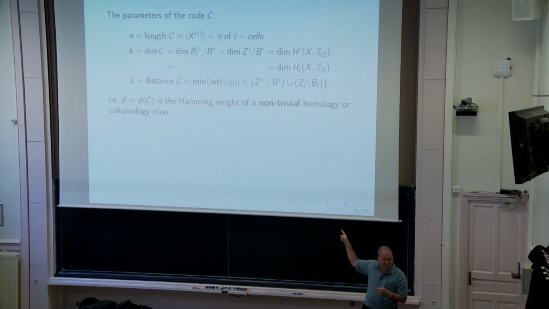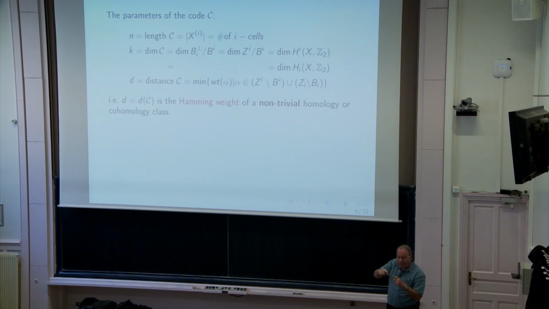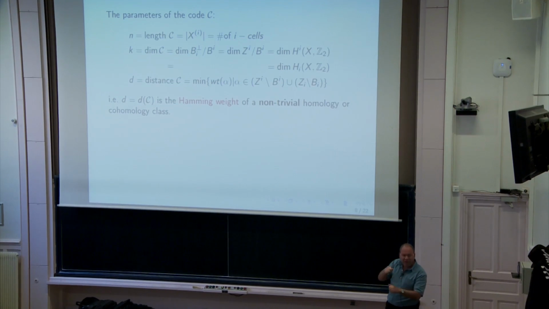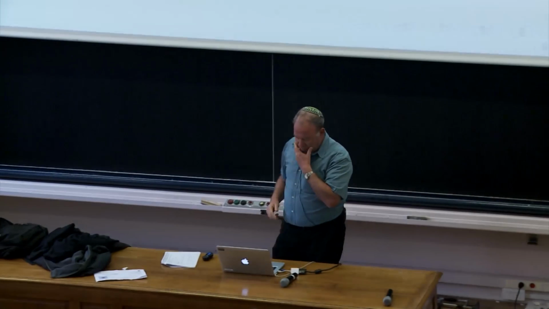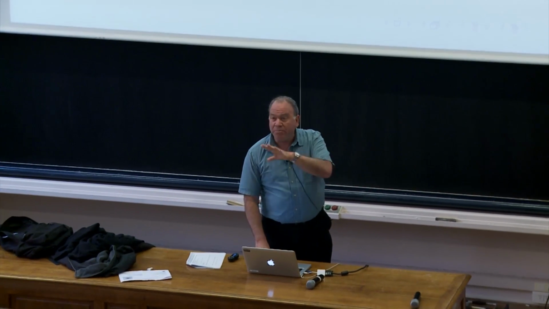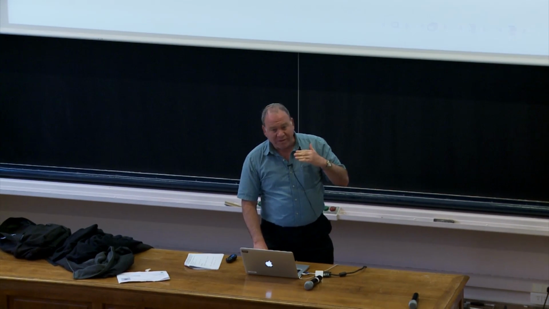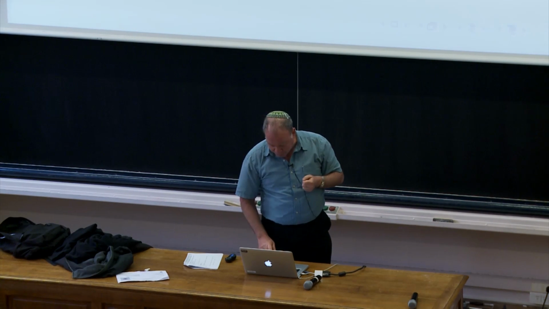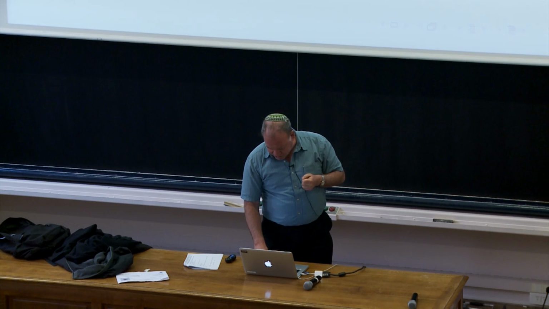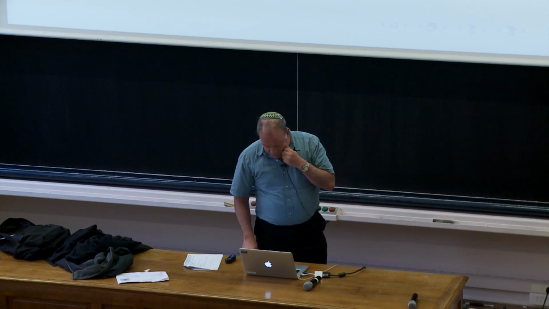The distance of the code is exactly the length of the shortest representative of a non-trivial homology or cohomology class. Okay, so now we are in business. When we take a family of such things, this becomes an asymptotic problem. So this is the subject of Z2.